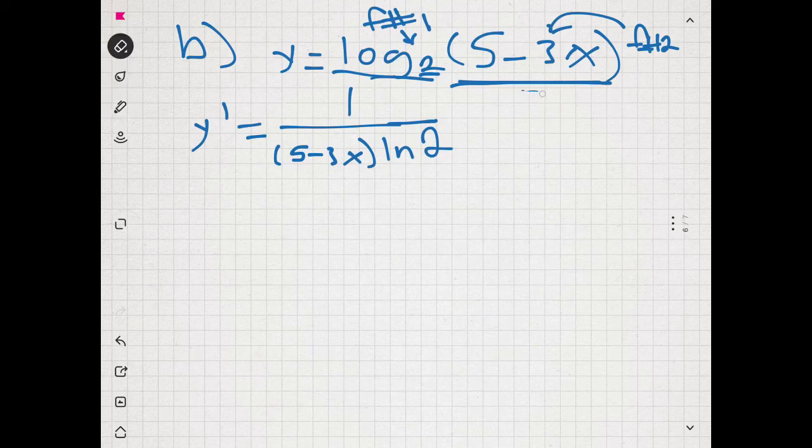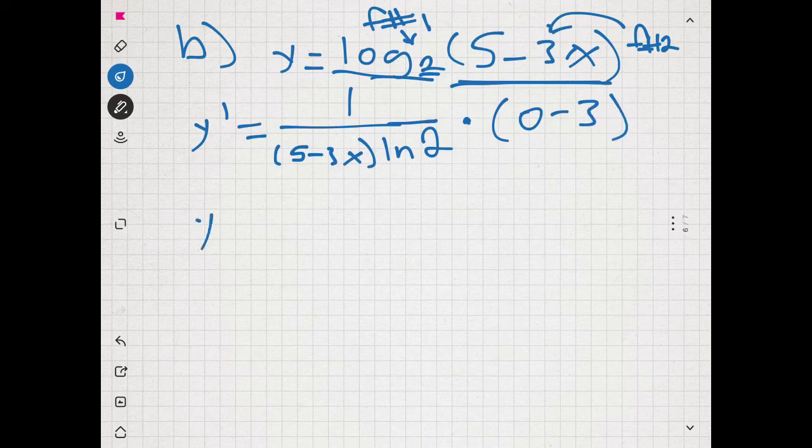To do that, it's very simple because this all applies to our differentiation rules. We're just going to multiply this, and the 5, when differentiated, is just 0. Negative 3x, when we take the derivative of that, if we remember our power functions, just turns to negative 3. Right, there we go. Now let us simplify.